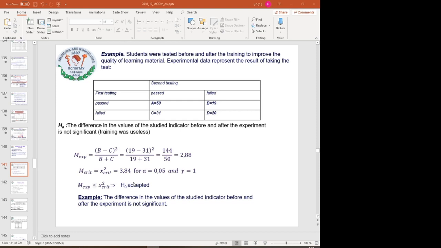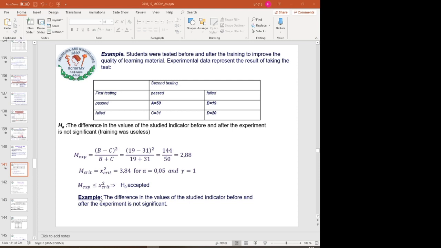And so we didn't have enough difference to conclude that the classes were good. Our 2.88 is less than the critical 3.84, and we conclude that the null hypothesis is accepted.